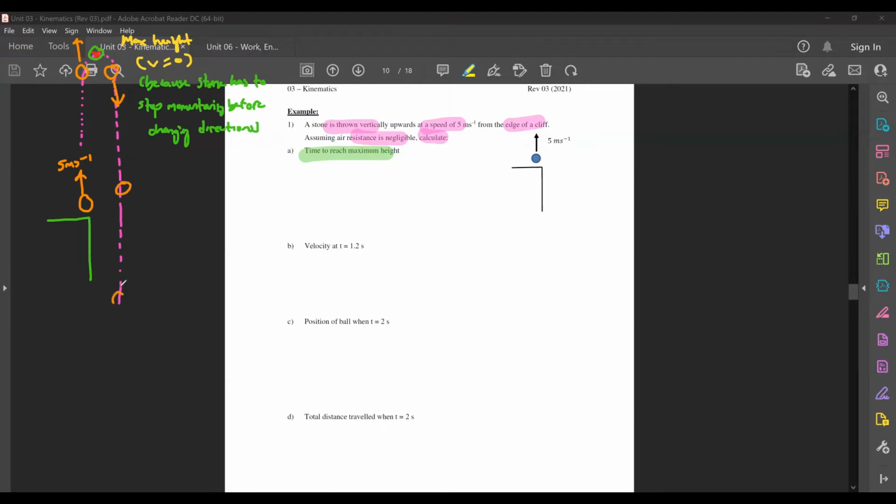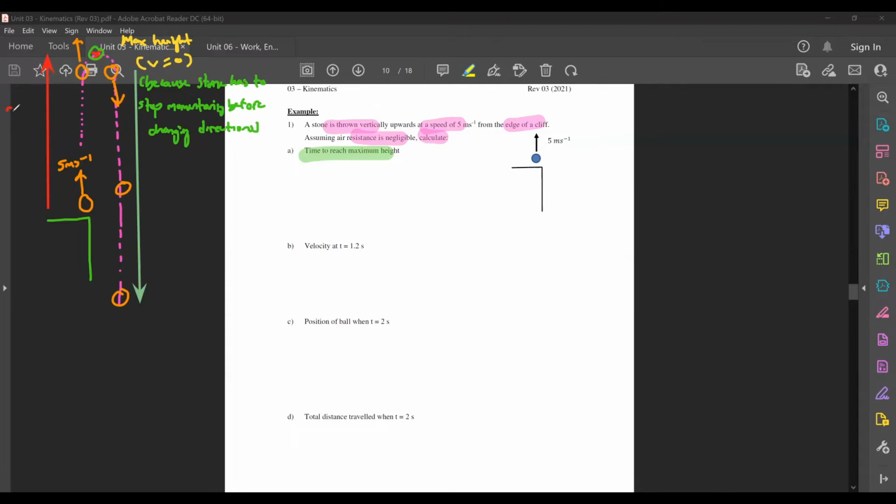Now, when you are going upwards in this direction versus when you're going downwards in this direction, when you are going upwards, you will actually be slowing down.